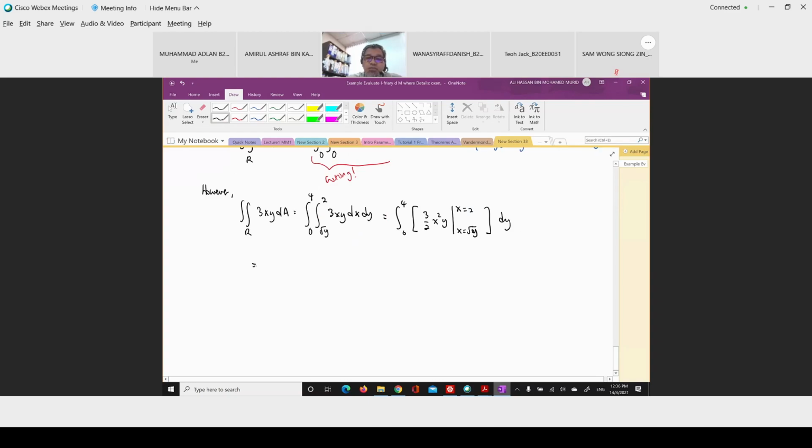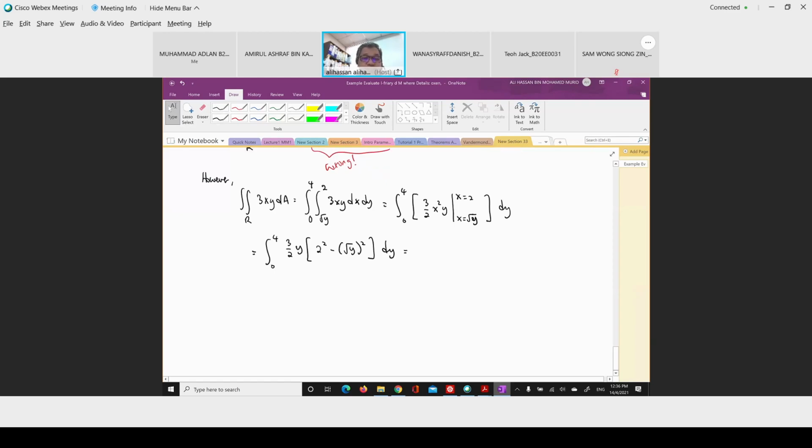So we can pull out 3 over 2 y. First we substitute x equal to 2, we get 2 squared. Then we substitute x equal to square root y. We need the square there as well.